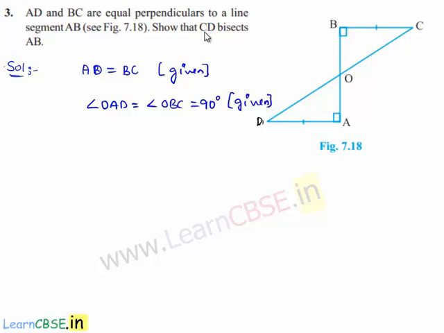Now, he asked us to prove that CD bisects AB. That means we have to prove that OA is equal to OB. Now, if we consider triangle BOC and triangle AOD, AD equal to BC, as given that they are equal perpendiculars, angle OAD is equal to angle OBC is equal to 90 degrees.